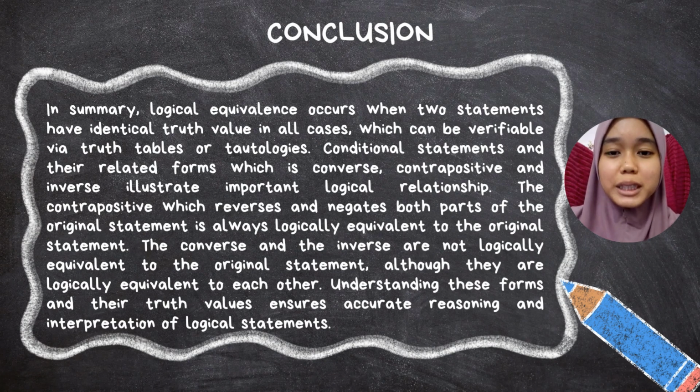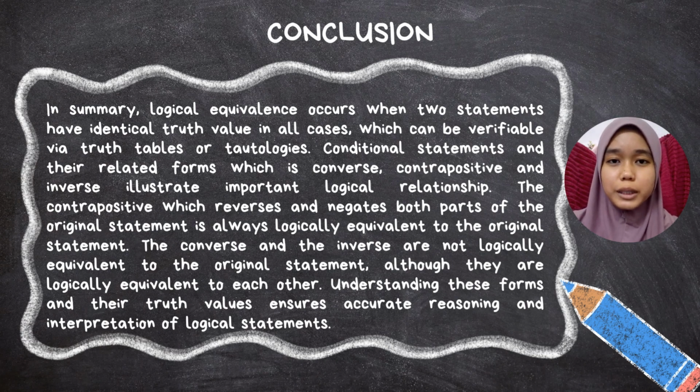Finally, for conclusion, logical equivalence occurs when two statements have identical truth value in all cases, which can be verified via truth table or tautologies. Conditional statements and their related forms, which are converse, contrapositive, and inverse, illustrate important logical relationships.